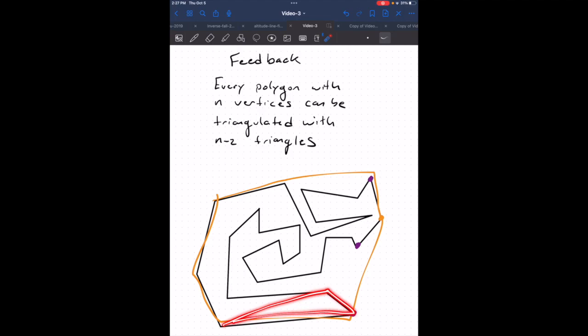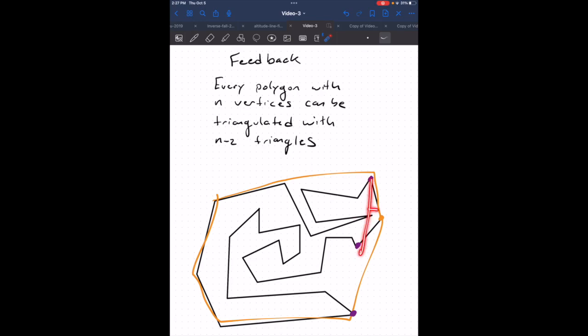One of them is just a triangle. But if I'm in this situation where the third side of this triangle is not contained in my polygon, then I can move as far in the orthogonal direction of the third vertex as possible and take the point that is furthest in that direction.